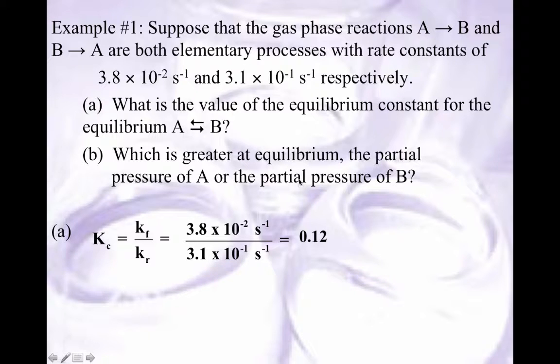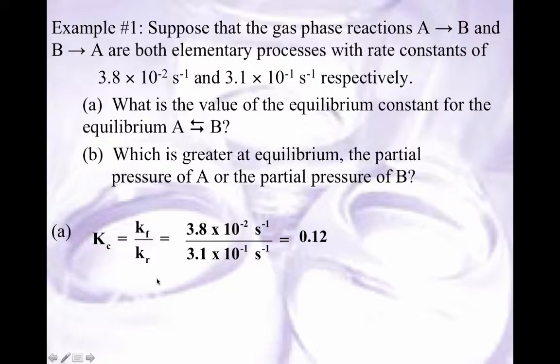And then it wants to know which is greater at equilibrium, partial pressure of A or partial pressure of B. So here's where we need to look at K. If K is less than 1, we have one side that's favored, and if K is greater than 1, we have another side that's favored. So we have 0.12, this is less than 1. Think about what it means with your equilibrium constant expression.